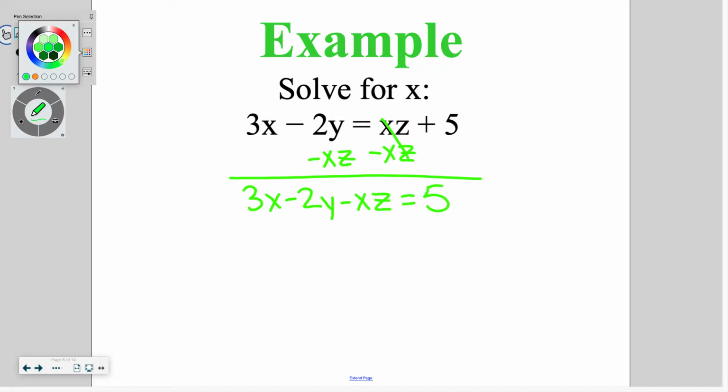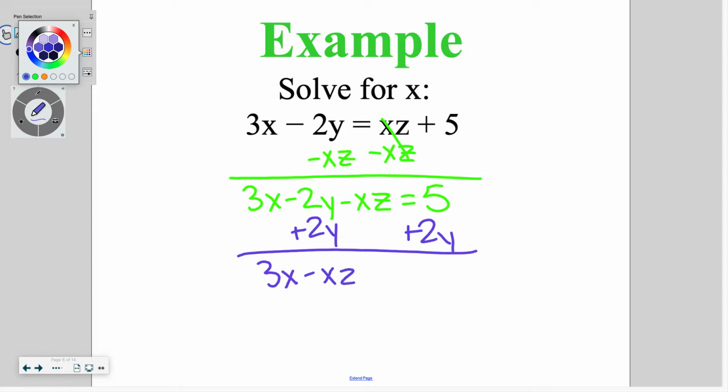Again, we're solving for x, so anything that doesn't have an x, we need to move out of the way. In this case, that's the negative 2y. So I'm going to go ahead now and add 2y to get rid of that value. And my equation now says 3x minus xz is equal to 5 plus 2y. Now, there's an x in each part of these.